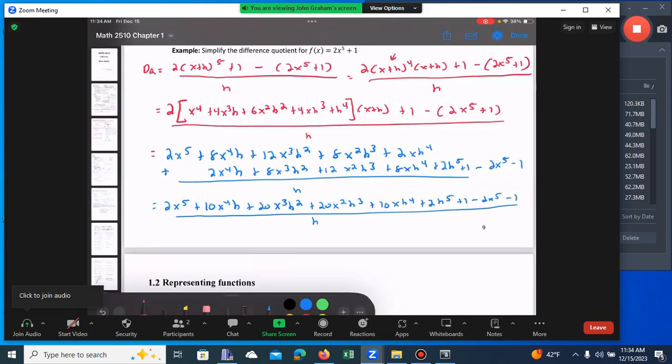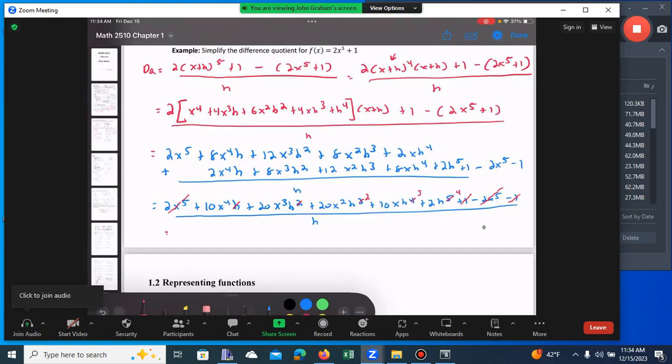Okay, so now we can cancel 2x to the fifth and negative 2x to the fifth and negative 1. The h's cancel, h here, one of these here, one here.